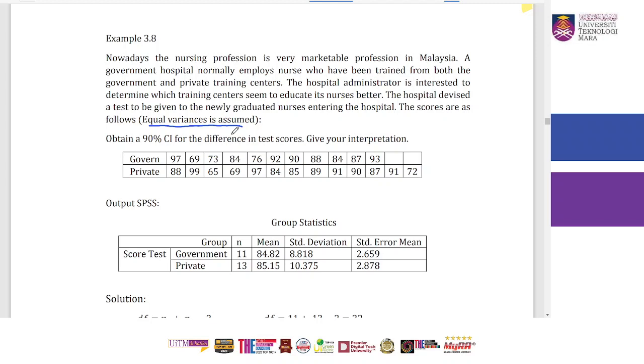Okay, so you need to obtain a 90% confidence interval for the given information. So you have this data. So you have government ada 11, 1, 2, 3, 4, 5, 6, 7, 8, 9, 10, 11. And then for the private sector candidates, you have 13.